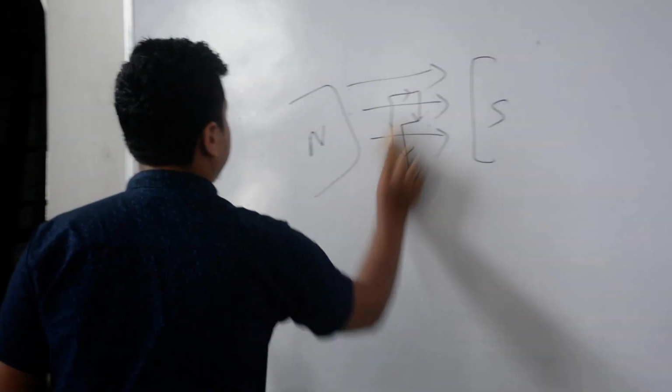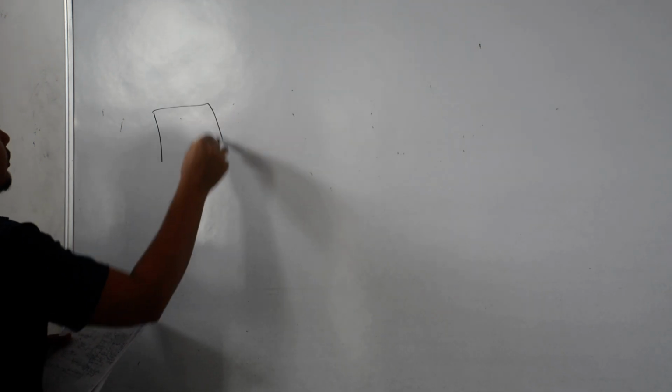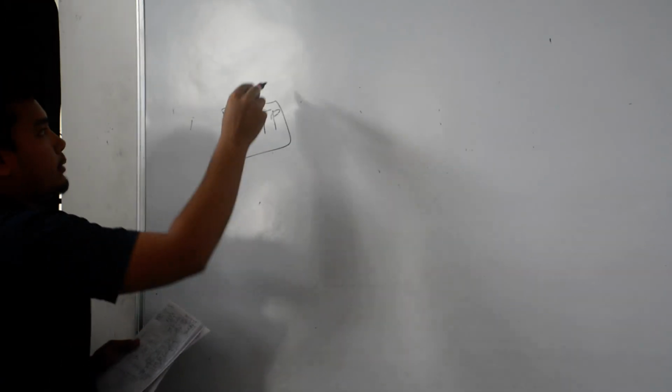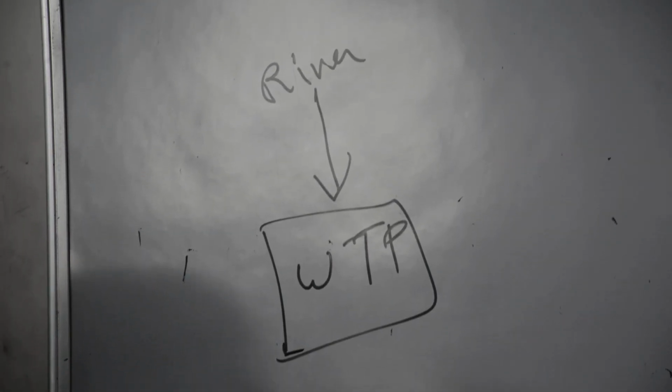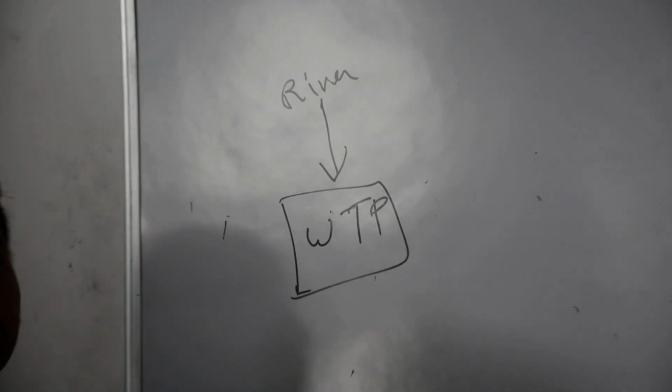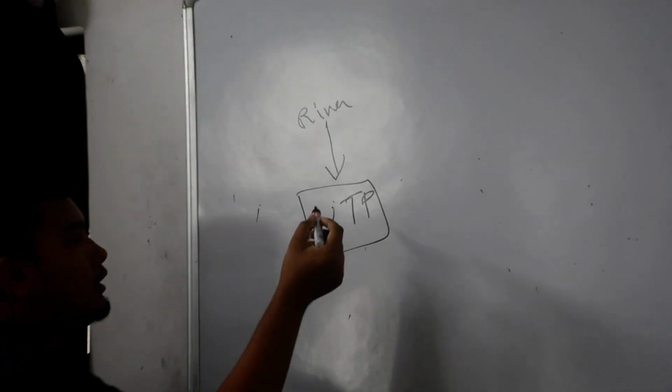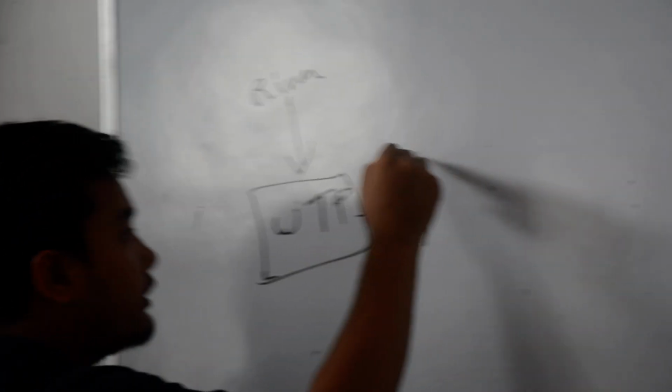So first of all, there will be a water treatment plant. In the water treatment plant, water will be taken from some river, and because river water contains some impurities like mud and sand, it will be purified here, and it will be sent to the DM tank.